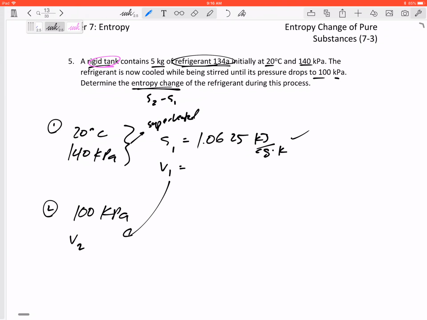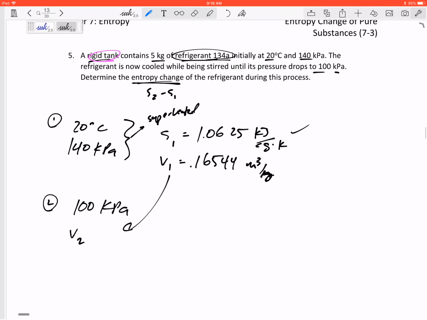Please do this with me. Have your property tables beside you, take the time to find these properties, and be comfortable with that. The specific volume was 0.16544 meters cubed per kilogram, and it is still 0.16544 meters cubed per kilogram.